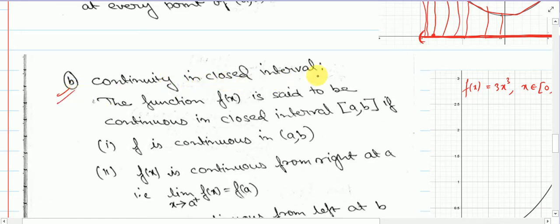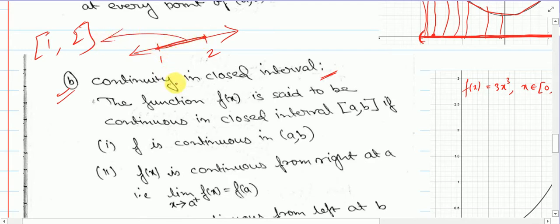Continuity in a closed interval. Closed interval means this. If I write 1 comma 2, here 1 is also included, 2 is also included. So on the real line, 1 and 2, it means everything from here till here is included in this.